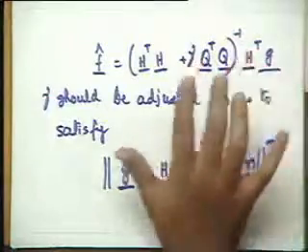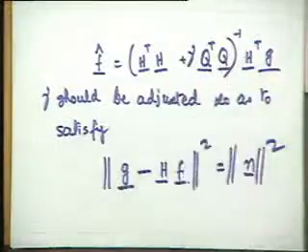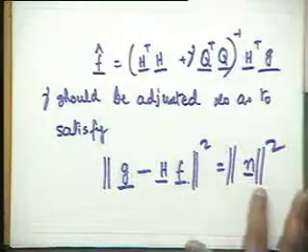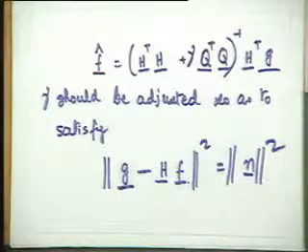Otherwise we must evolve an iterative technique whereby we adjust this parameter gamma, so that we get a new estimate of F hat and try to fulfill this criterion. And until we reach G minus HF hat square equal to n square within some reasonable accuracy, we must proceed with this iteration.